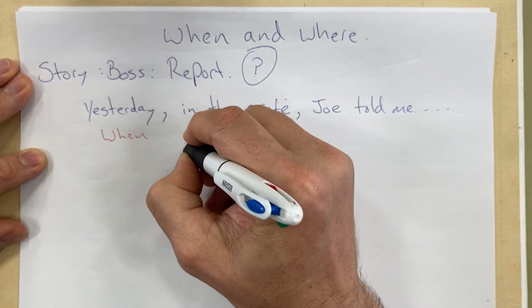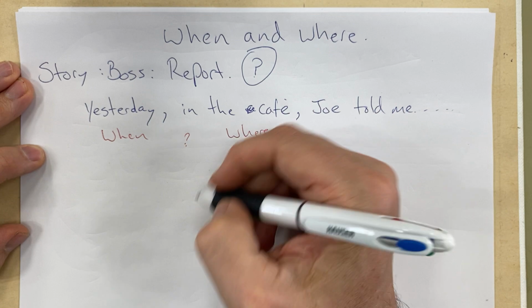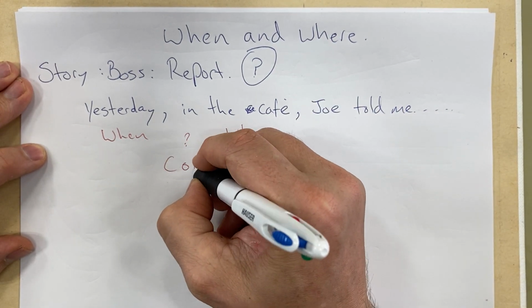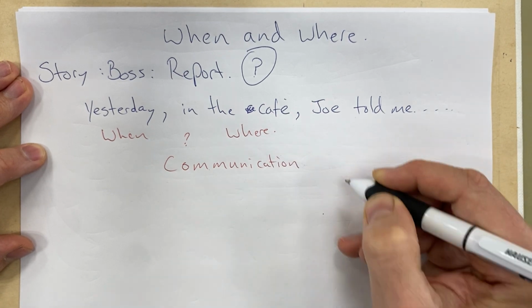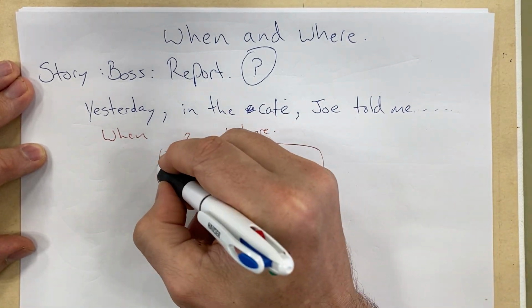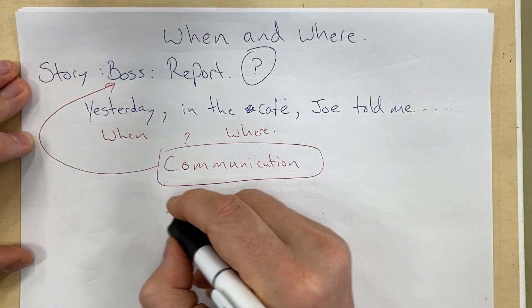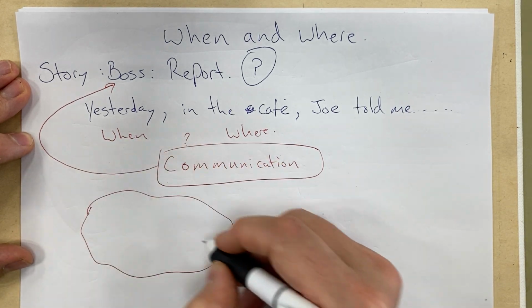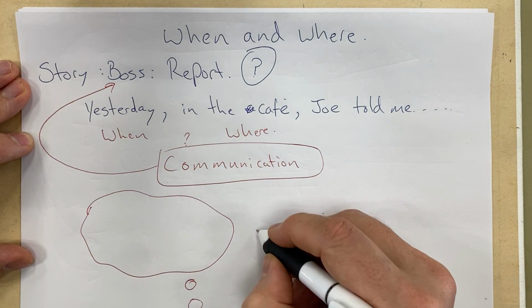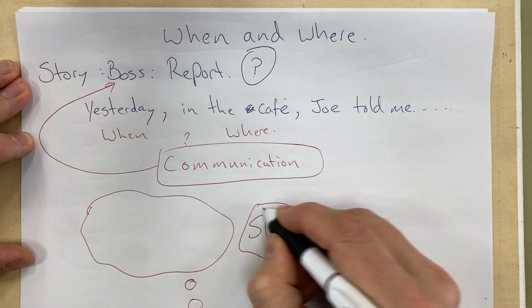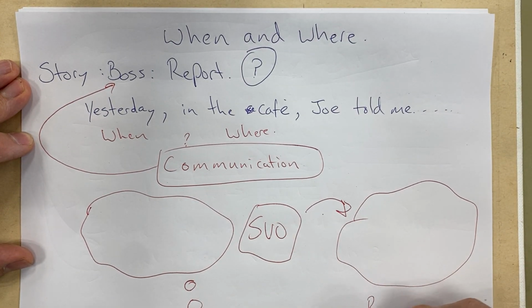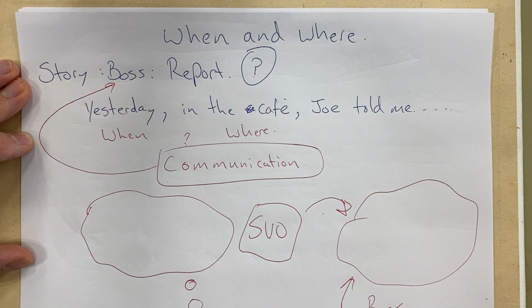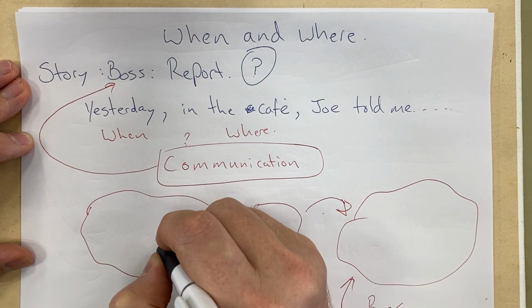Why do you need this? Remember, English isn't about studying grammar. English is about communication, right? Your job is for your boss to have the picture from your mind through your words go as clearly as you can into the boss's mind. Yep, same picture.